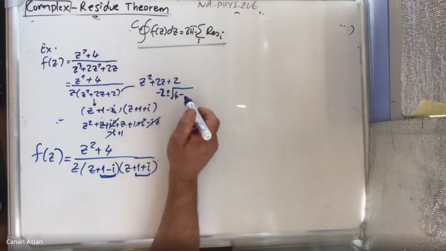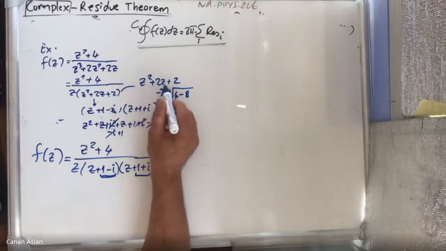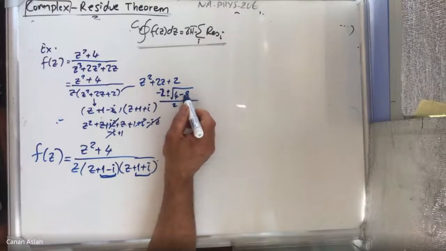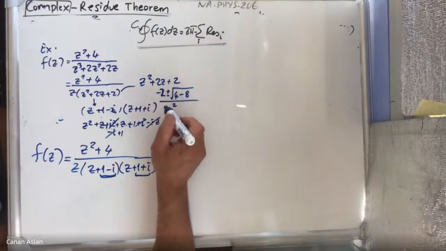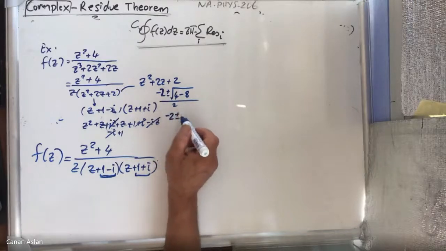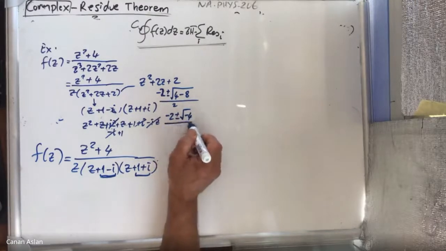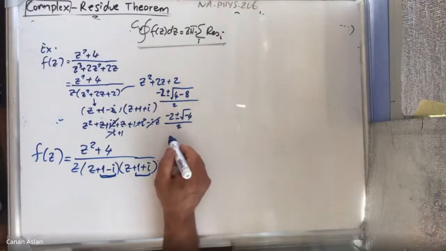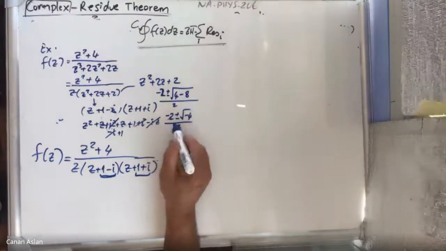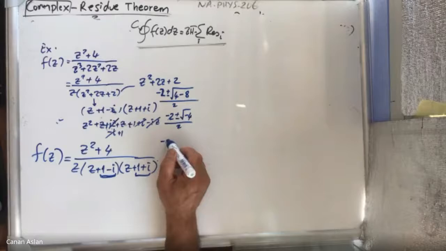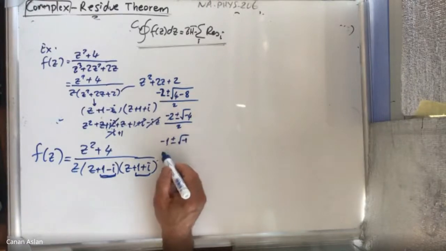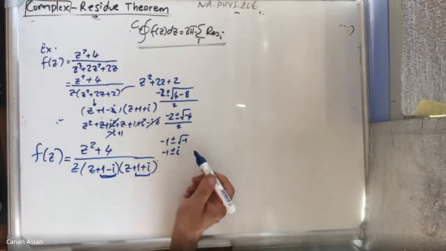A is 1, c is 2, so it's 8, divided by 2a. Now a is 1, so it's just 2. But now this is minus 8 plus 4, so we get minus 2 plus and minus the square root of minus 4, divided by 2. So this 2 cancels, and the square root of 4 goes out as 2, so there is nothing on the denominator. Minus 1 plus and minus the square root of minus 1, but the square root of minus 1 is just i. So minus 1 plus and minus i will give you the result.